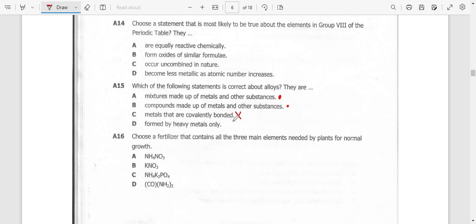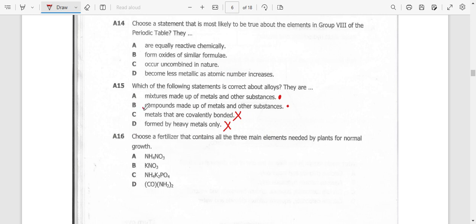Now, you're not talking about covalent bonding here. It's not a bonding, it's just a mixture. It's not formed by heavy metals only. It can be anything. Now, from what I explained, can you tell me which one is going to be the answer between A and B? Mixtures made up of metals and other substances.